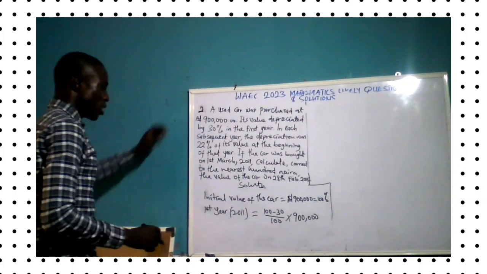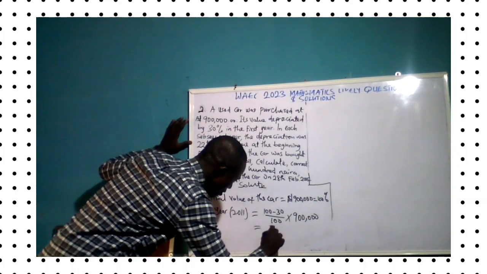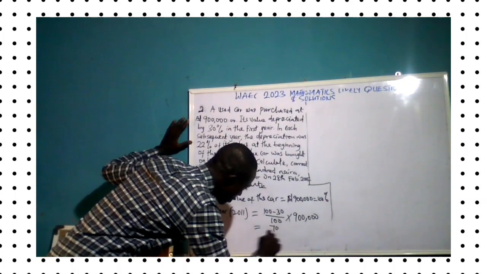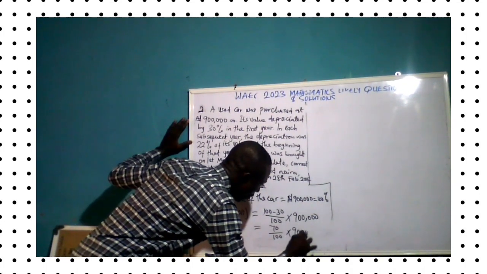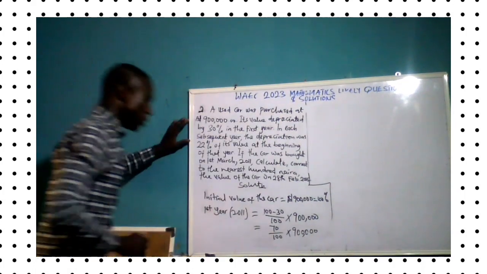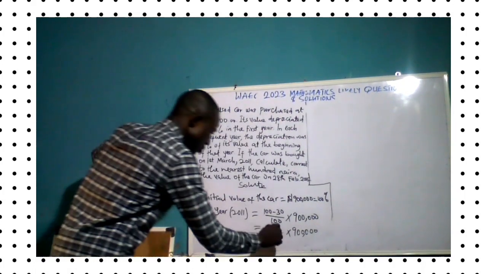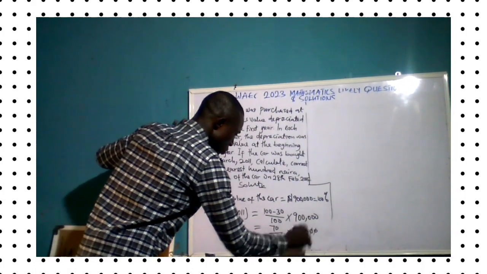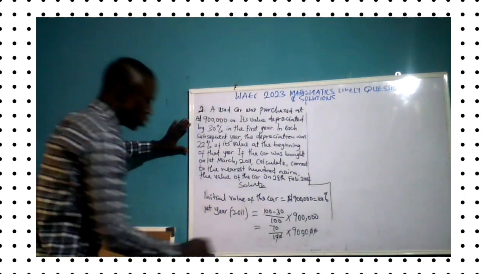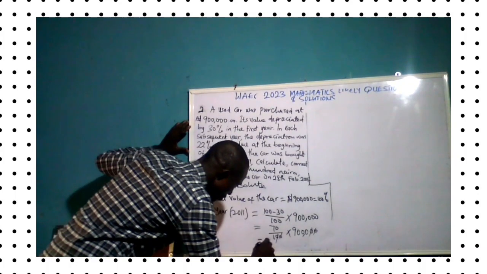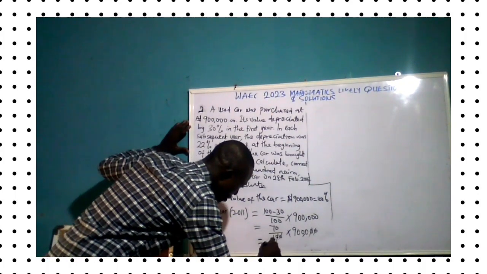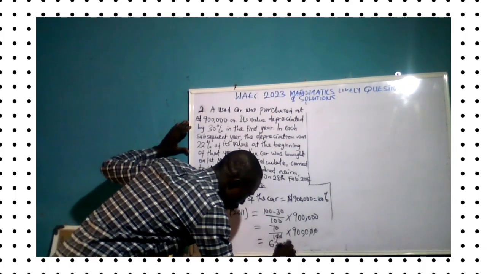And that is, its value will be 70% of its original value. So 0 cancel 0, 0 cancel 0, and you have 70 multiplied by 9,000. 7 times 9 will be 63, which gives 630,000 naira.